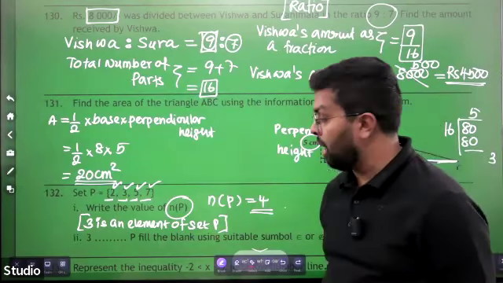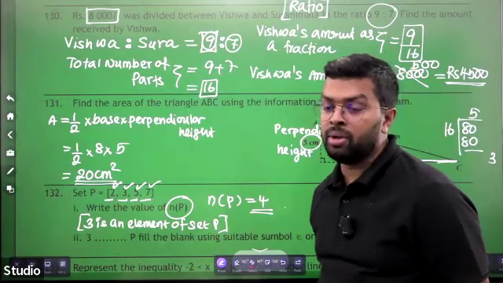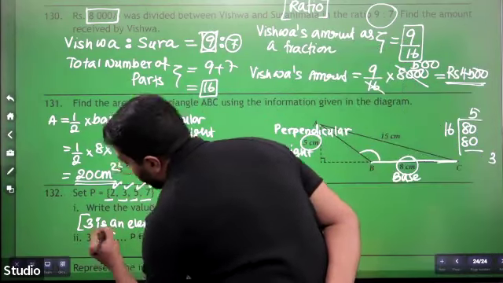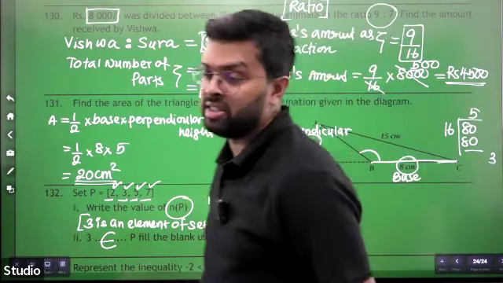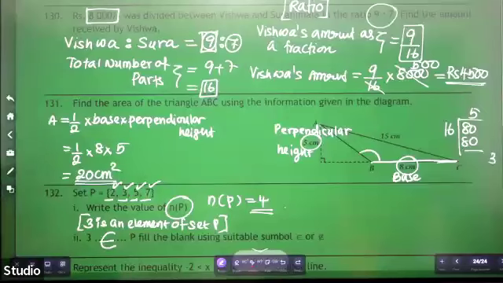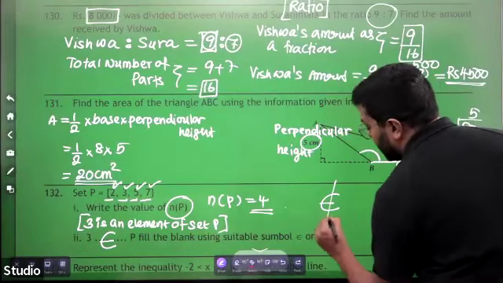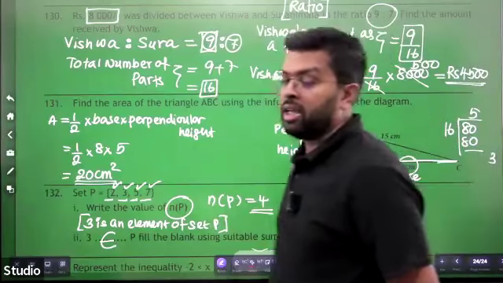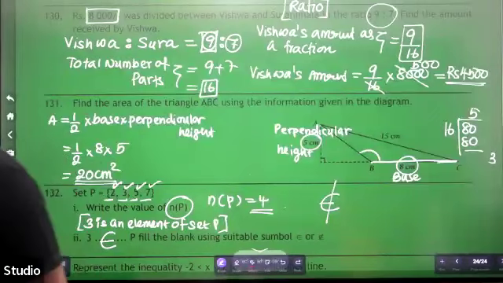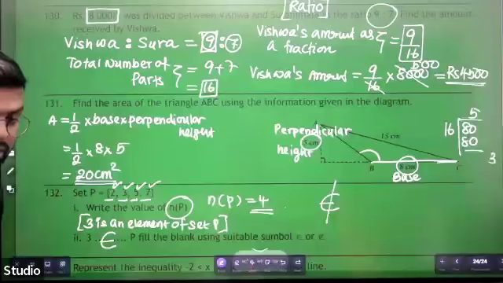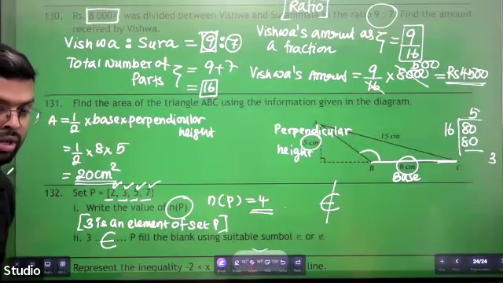We write 3 is an element of set P like this. This is the symbol to use. If you are using the crossed symbol, that means not an element. Clear? Good. Nice. Shall we move on?